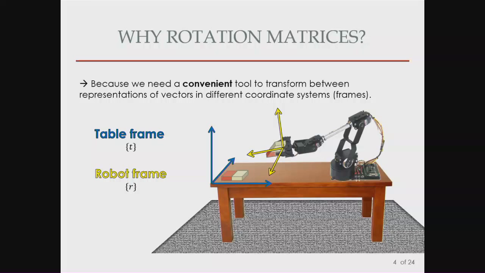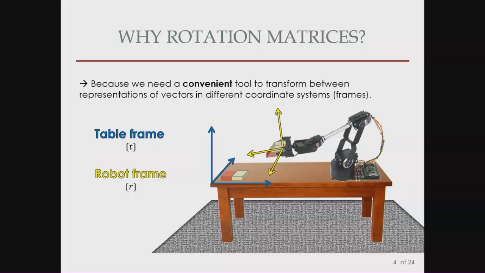And you need to be able to calculate what is the position of the object in the robot frame if you know what is the position of the object in the table frame. Okay, so this transition will be allowed mathematically once we start working with rotation matrices.